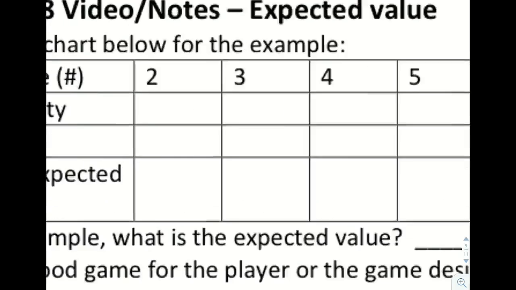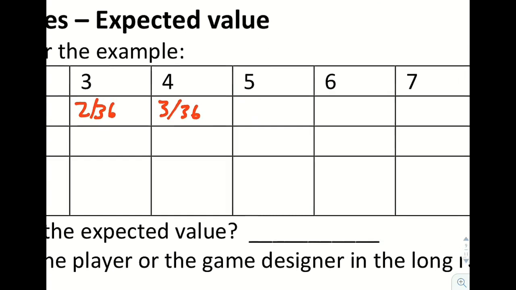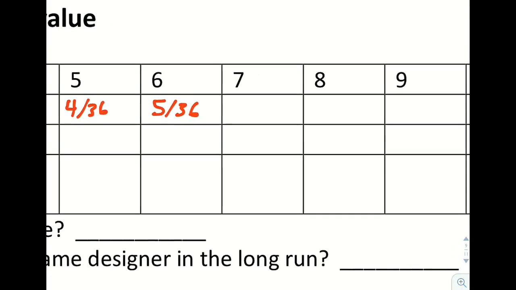So our probability here is going to be 1 out of 36. Probability for the next one, 2 out of 36. 3 out of 36, and we said that that pattern continued all the way up until you get to your middle number. And your middle number in this case is going to be 7.